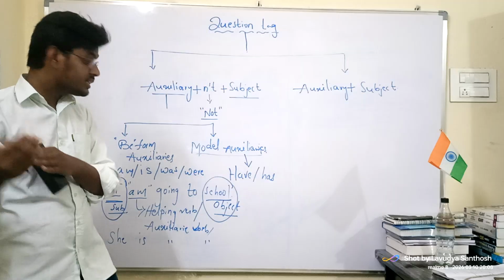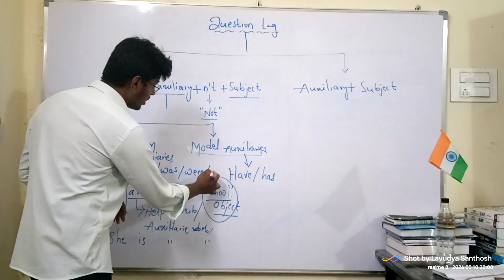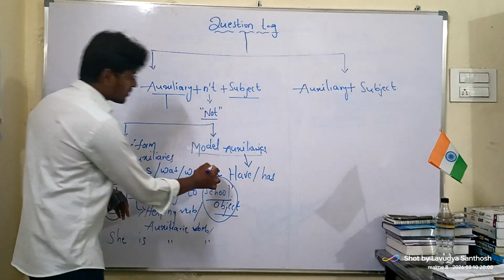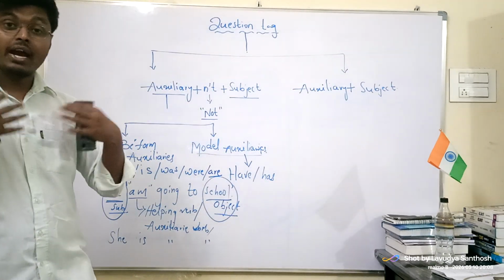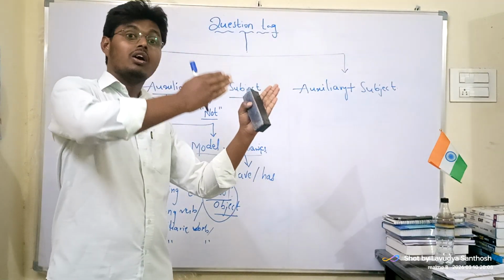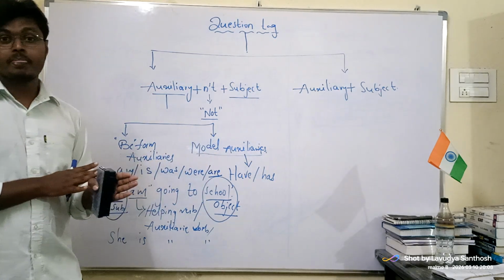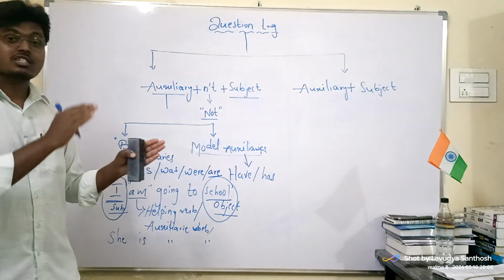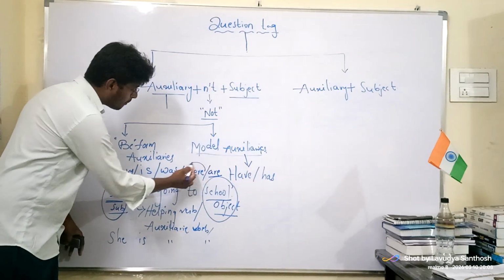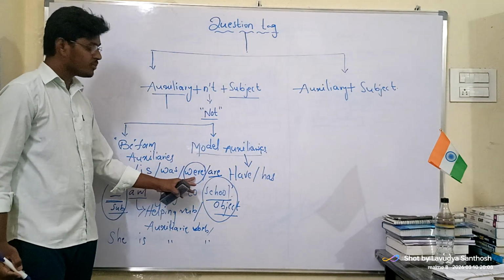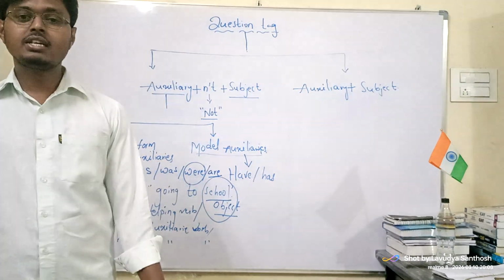Are is in present time. This is present tense. But here, were: me and my friends were in a hotel when something happened. So when more than two people are involved, we use were in the past tense as an auxiliary verb.